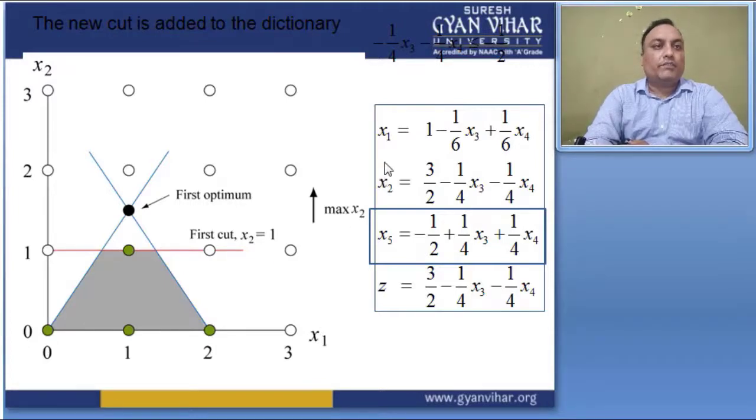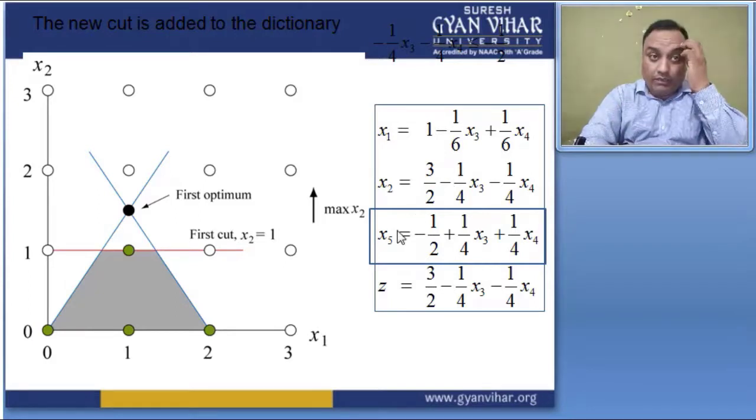Here the new cut gives the constraint I am using: minus 1/4 x3 minus 1/4 x4 less than or equal to minus 1/2, and x1 is equal to 1 minus the value of the previous case, and x2 is the same.